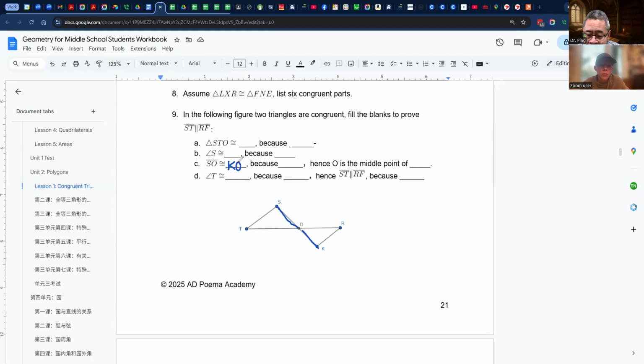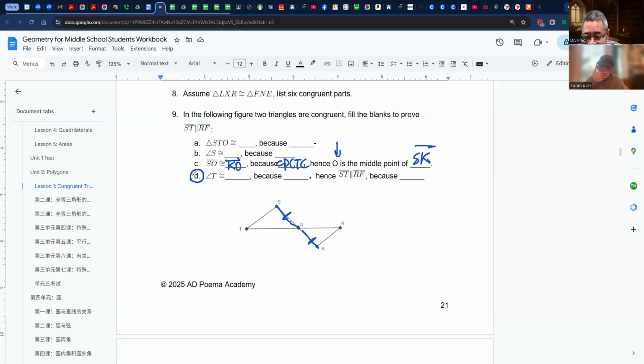That's KO because of CPCTC. So therefore, O is the middle point of SK. Yeah, because this is congruent to that. So therefore, O is the midpoint. Okay, we good?